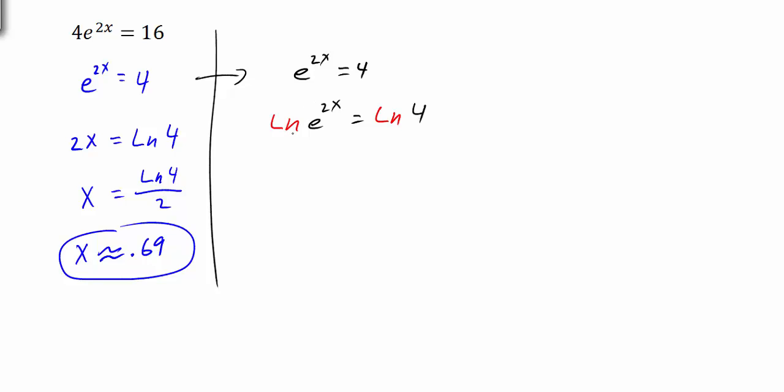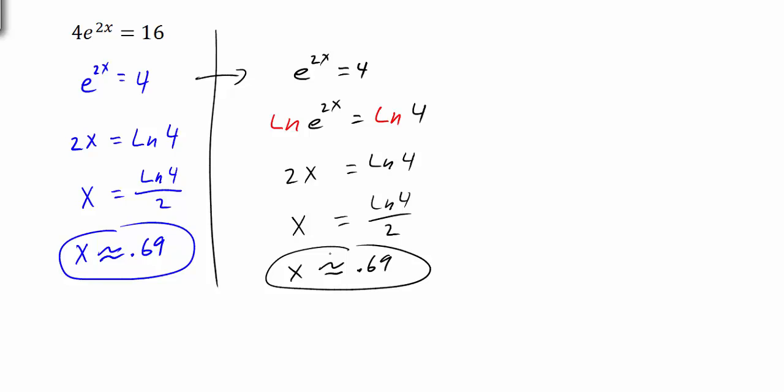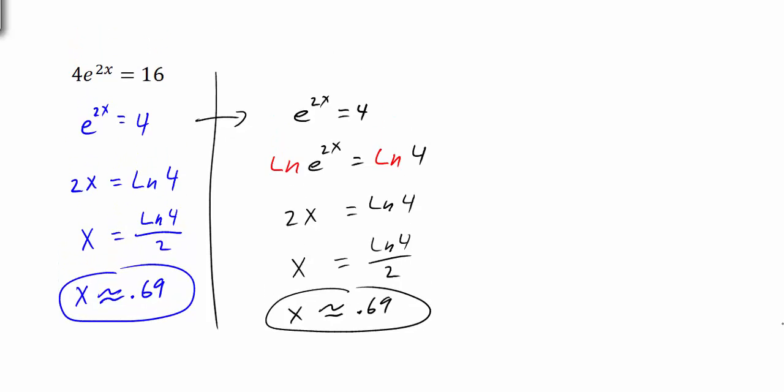Well, the natural log is a base e which matches up, so they're going to cancel out and we'll be left with the exponent 2x equals the natural log of 4. And once again, that means we would divide by 2 and we would end up with 0.69.